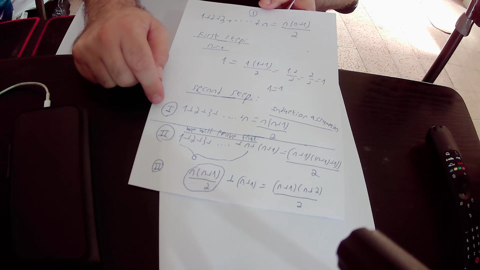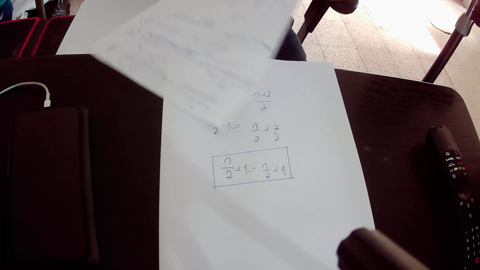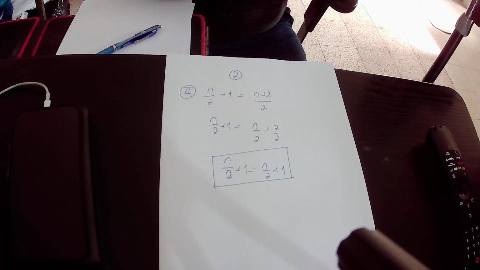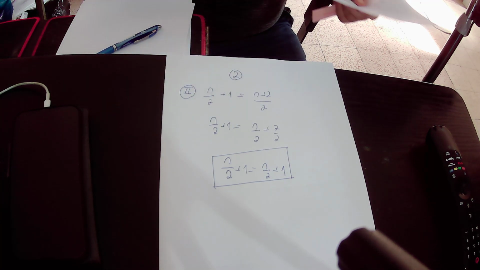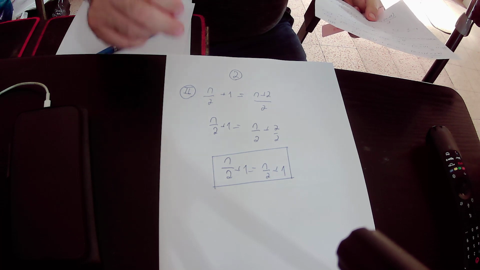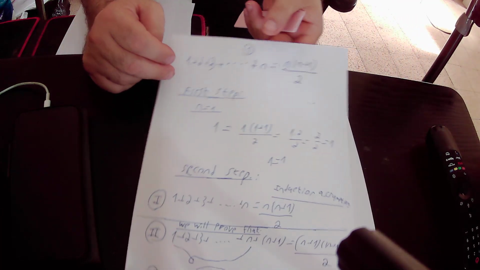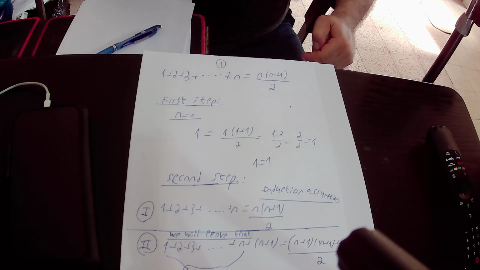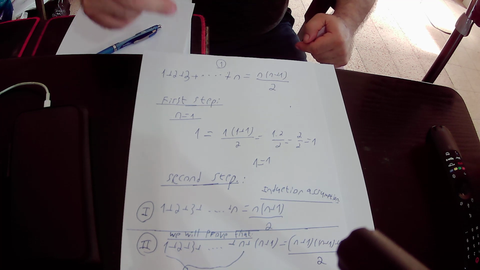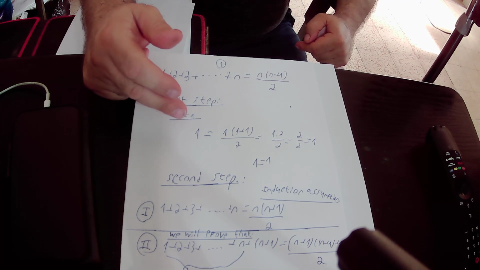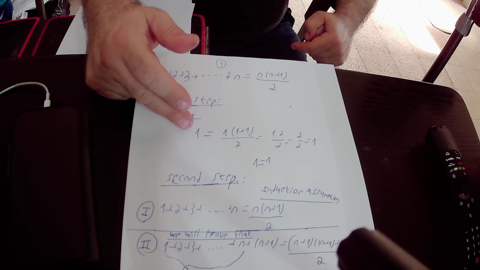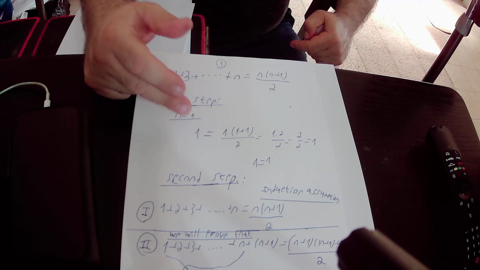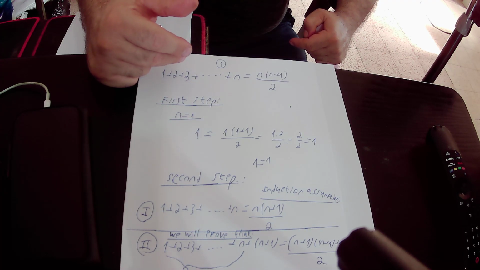So in this way we proved that this statement is true for all the natural numbers, because we have already checked it for n equals 1, and we found that this expression is true for n equals 1.